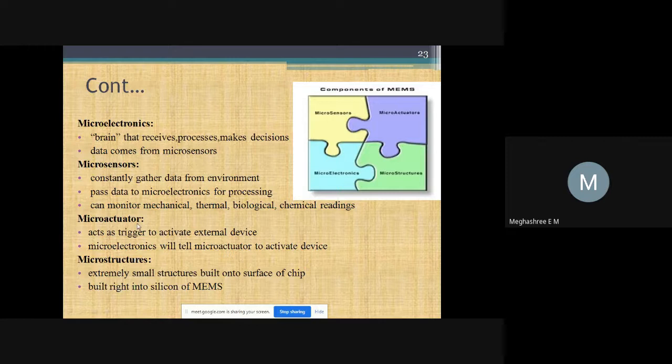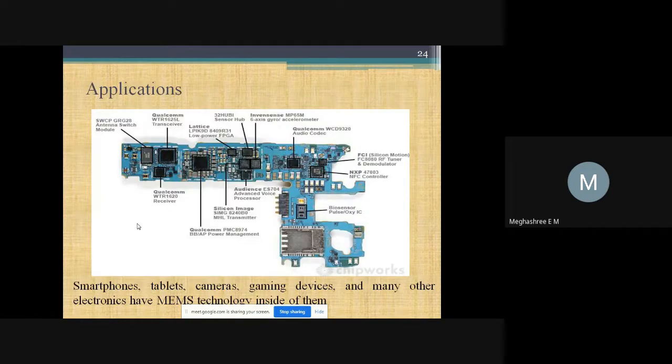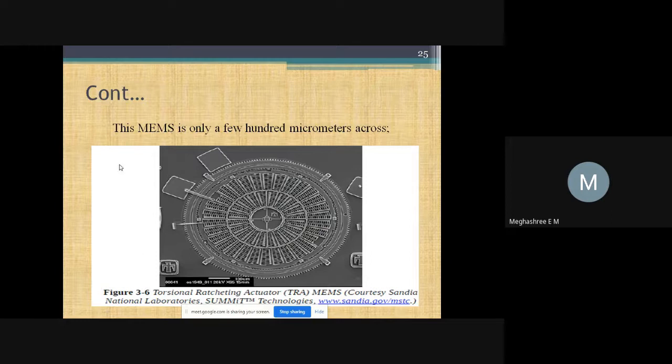Electronics students study more about MEMS. This is how it looks when used in a smartphone, tablet or camera. This is the image given in your textbook.